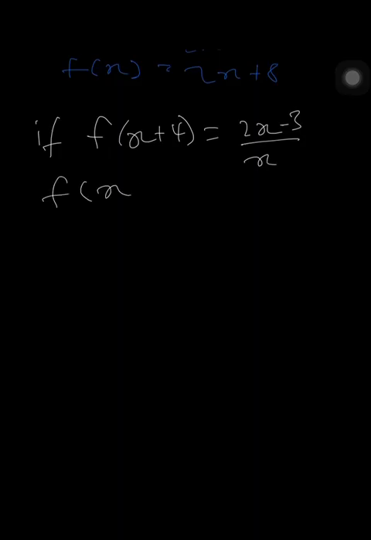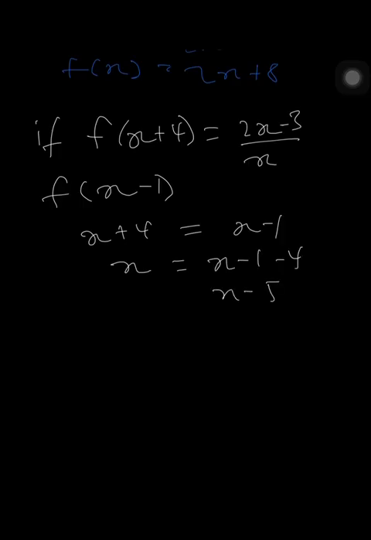If f of the expression x plus 4 is equal to 2x minus 3 over x, find f of x minus 1. What we do is that x plus 4, x minus 1 means x will be x minus 1 minus 4, x minus 5. So in place of x, we put x minus 5 inside.